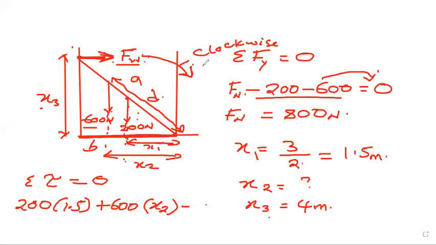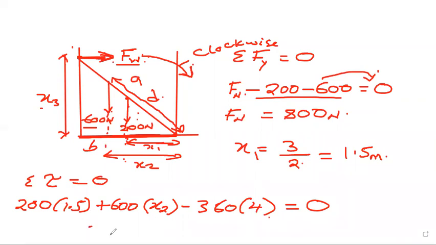What was the value of that force? 360. So 360 multiplied by the 4 that we found, and this should equal 0. If you evaluate that and make x2 the subject of the formula, what answer are you getting?